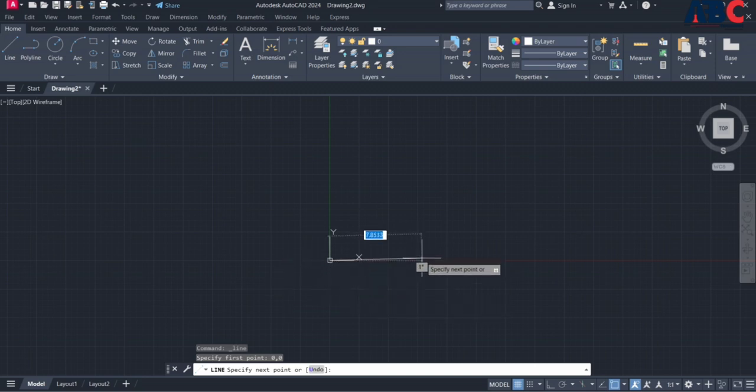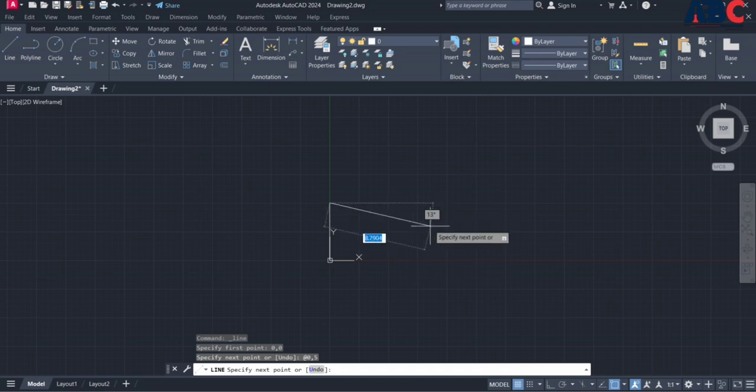and the second point is @0,5, enter, and then I will specify the direction of the angle and then specify the point using the @ symbol, specifying the point as 5 less than 340 degrees, then enter.